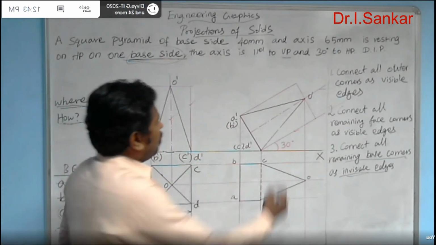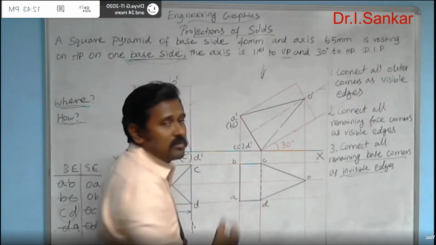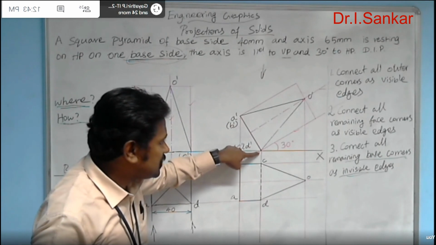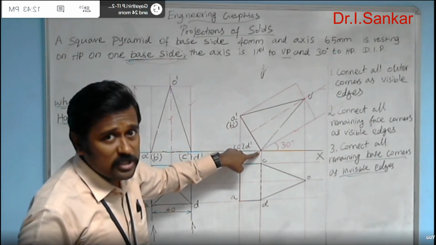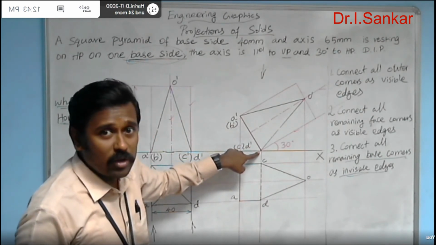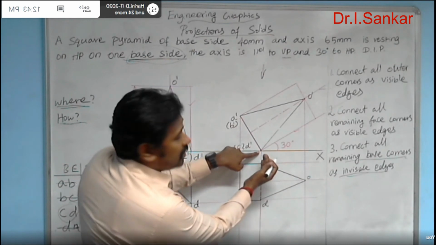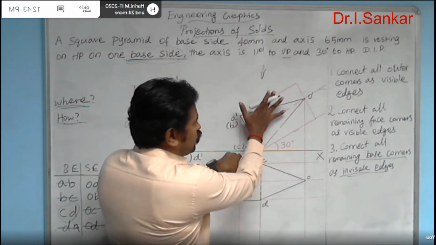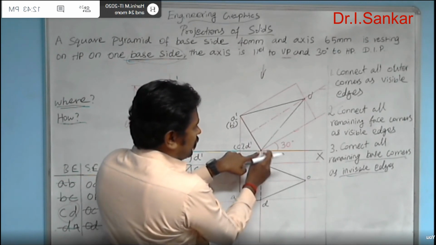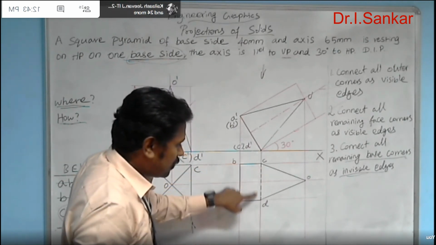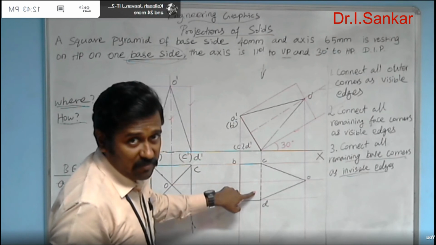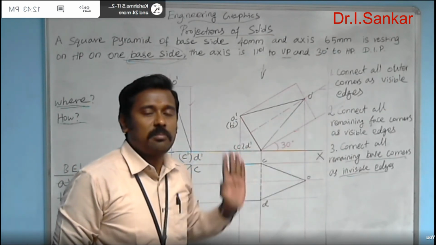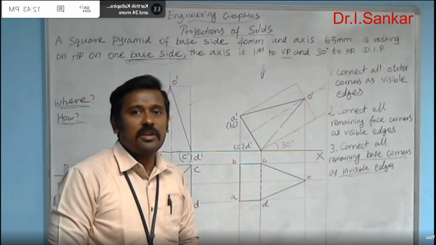When you look at the solid from the top, is it possible to see the edge CD? No, it just comes under the solid. So definitely the rest of the solid will not show you the edge CD. That's why CD becomes the invisible edge. This fact can be correctly obtained by following rule number 3.